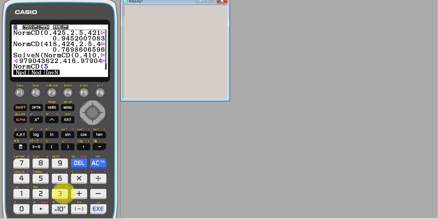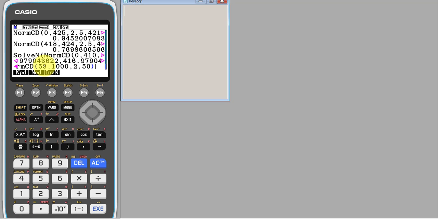So NCD is lower bound 53, upper bound infinity, and the upper bound can just be something enormous, so I'll just make it 1,000. That's close enough to infinity for the purpose of this context. My standard deviation was given to me as 2, and my mean was given to me as 50. Close brackets, this is 1.5 standard deviations above, and that's the lower bound.